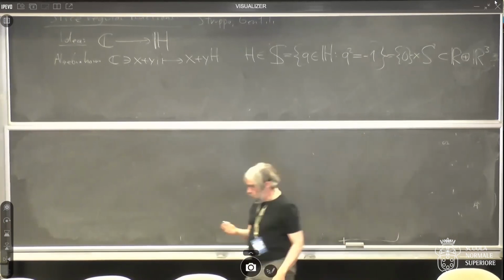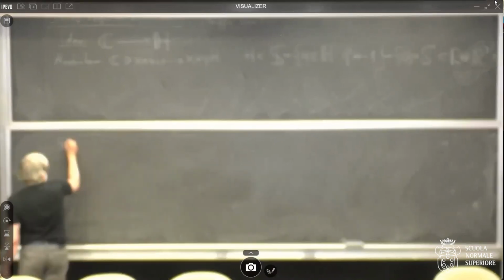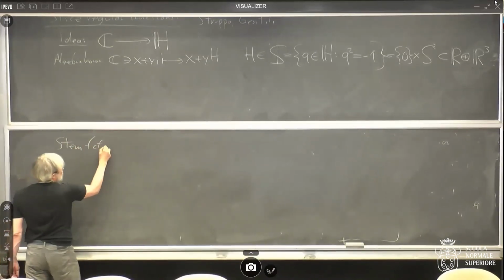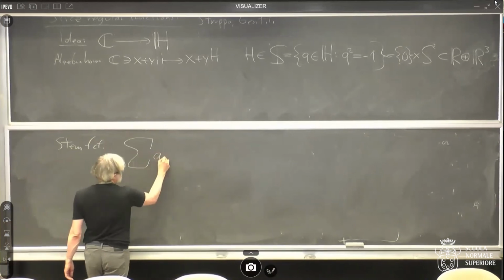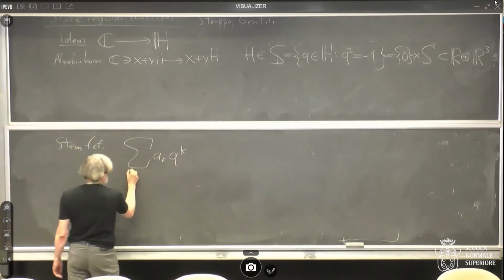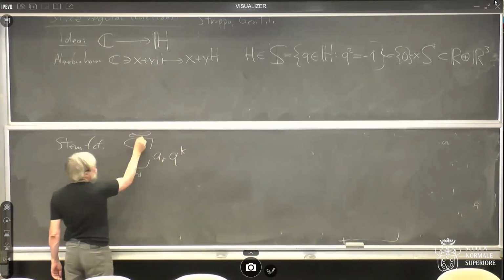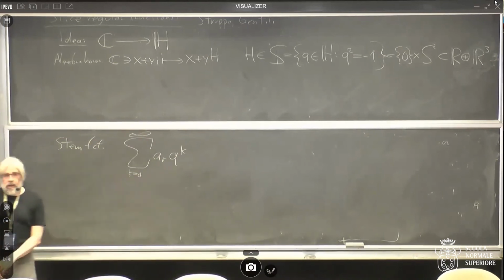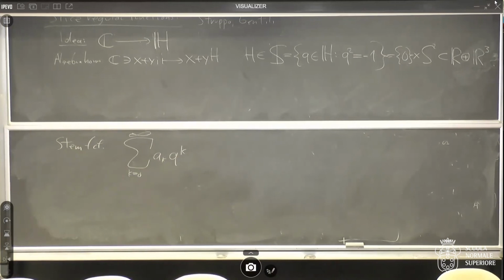So what is a stem function? If you have such a function which is given by a power series, where everything here is quaternionic, one thing you could consider is that you are more familiar with complex numbers. It's much more known in complex analysis.